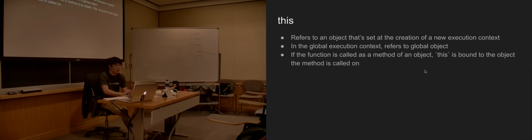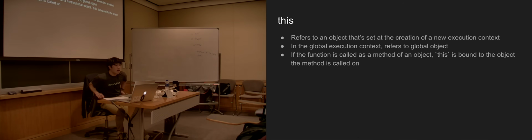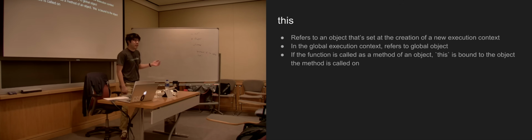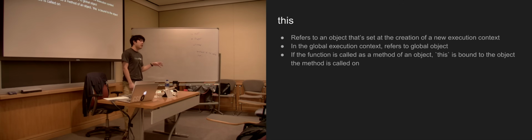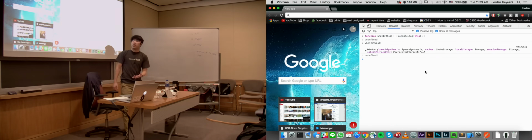Good call. Why? Because it was declared in the function, it doesn't have a method invocation. Yeah, pretty much. Remember when I was talking about the global object, and every function and every variable that you declare just gets stuck on as properties and methods of that global object. So when we declared this function called what is this, it's now a method of that global object.